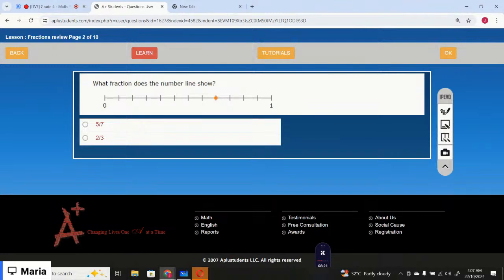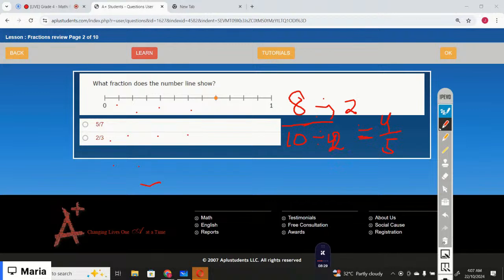What fraction does the number line show? So let's just see which one it is representing. Just count the segments, right? The total segments are 1, 2, 3, 4, 5, 6, 7, 8, 9, 10, 11, 12. The total segments are 12. The highlighted one is the 8th one. So that is 8 out of 12. You can simplify.